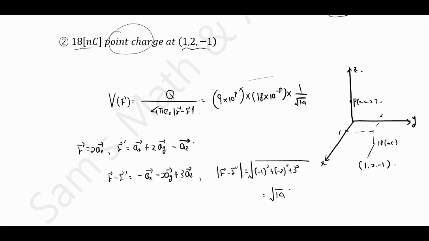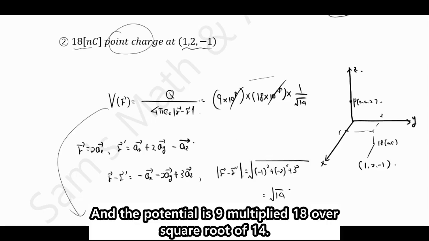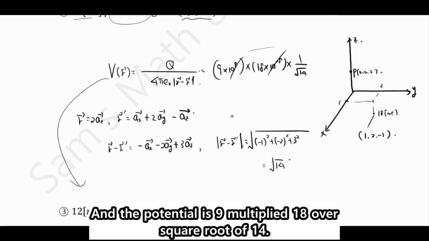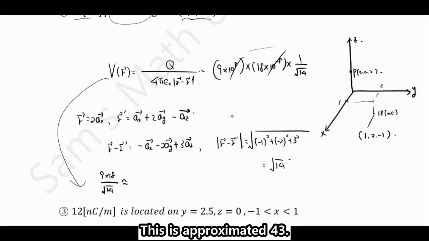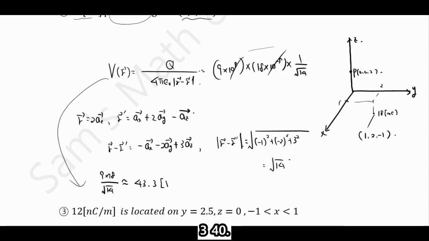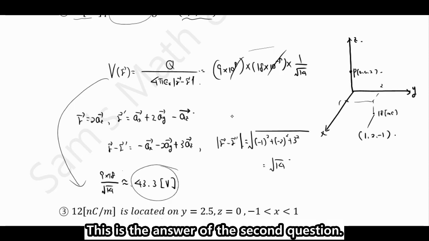This is the answer. And the potential is 9 multiplied by 18 over square root of 14. This is approximately 43.3 volts. This is the answer of the second question.